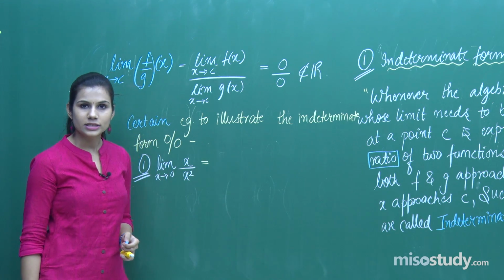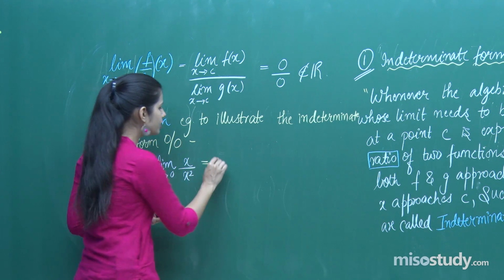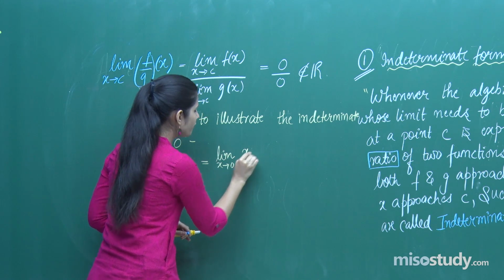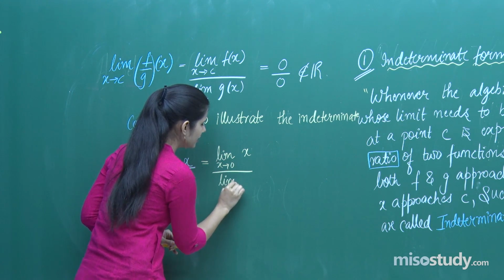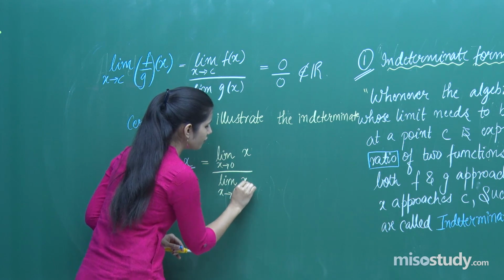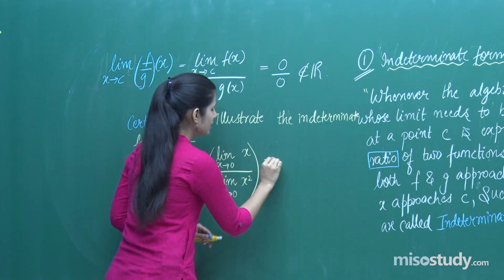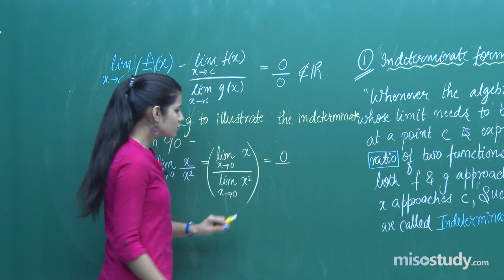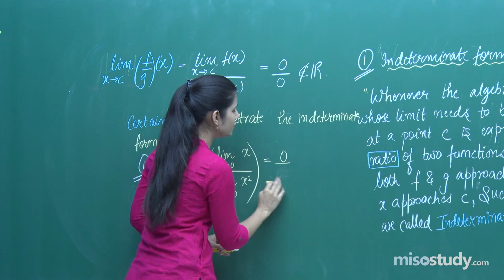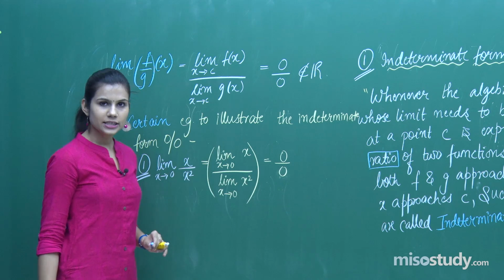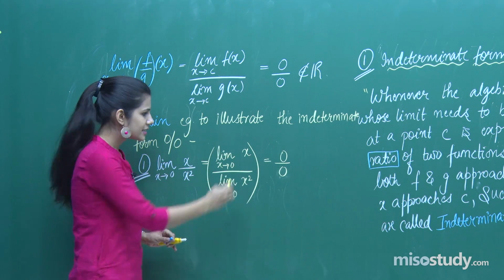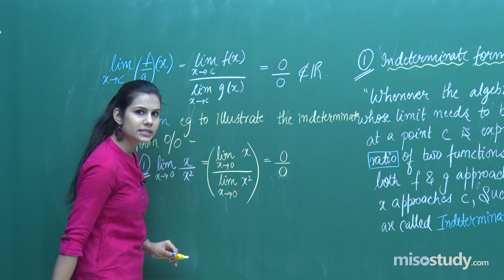If you apply the concept of algebra of limits, what you are going to do is limit x tends to 0 f(x) upon limit x tends to 0 g(x). Limit x tends to 0 of f(x) is 0 and limit x tends to 0 of x squared is also 0. Right? So you know the limiting behavior of both the functions individually. It is a real number 0, it is also a real number 0.